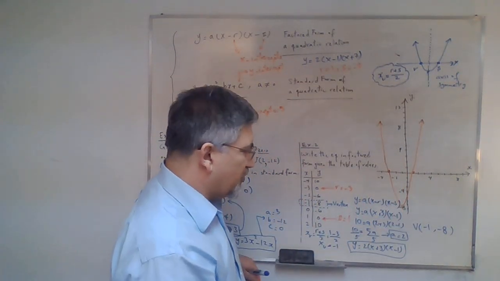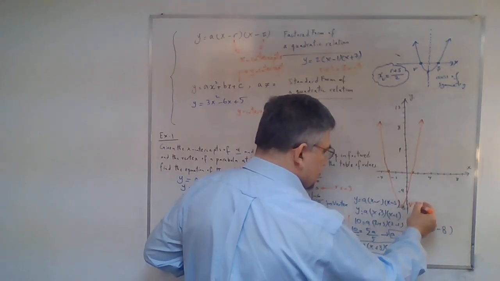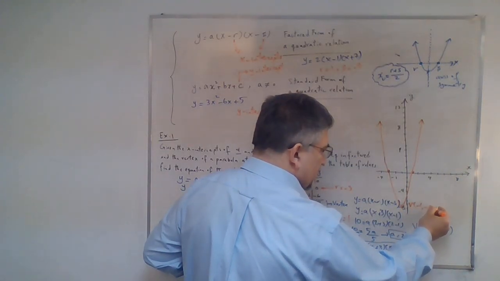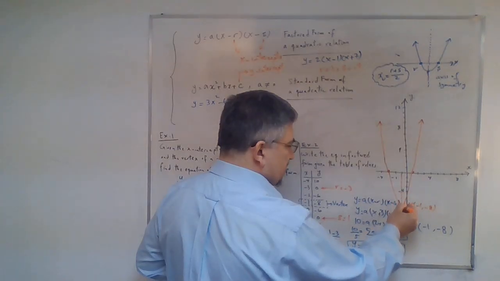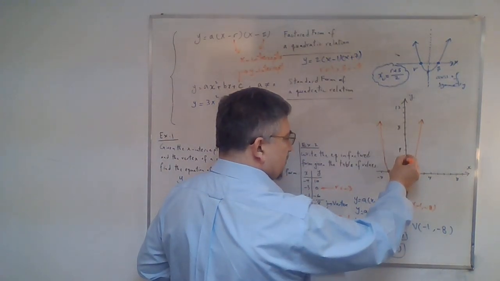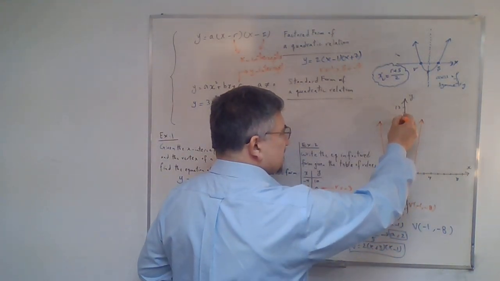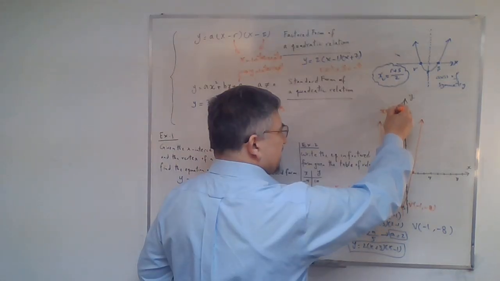The parabola opens upwards. The vertex clearly is at (-1, -8). The axis of symmetry is passing through the vertex. Therefore, its equation is x equals -1.